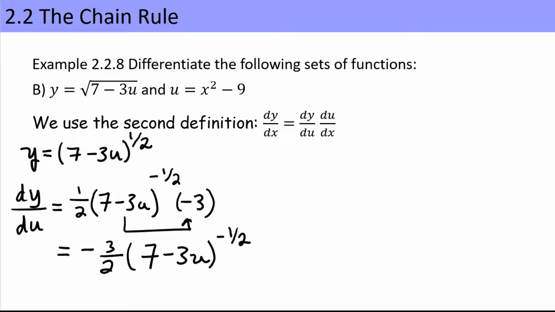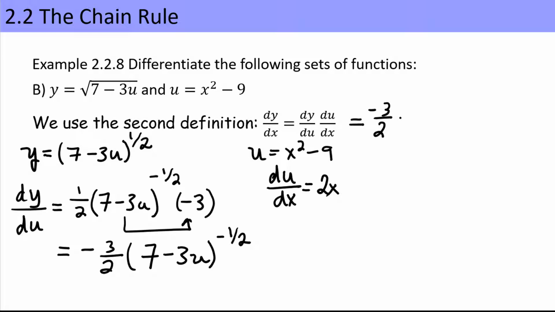Now, we are given that u is equal to x squared minus 9, so the derivative of u with respect to x is the derivative of x squared minus 9, which is 2x. Let's put it together. dy du is negative 3/2 times, and let's write it with no negative exponent, so 1 over 7 minus 3u.